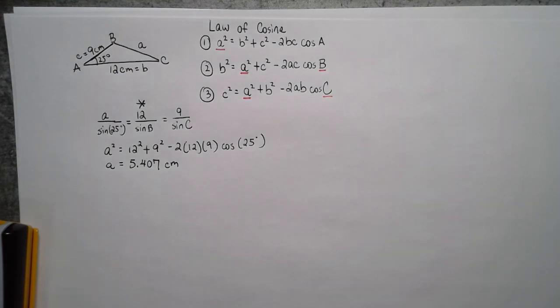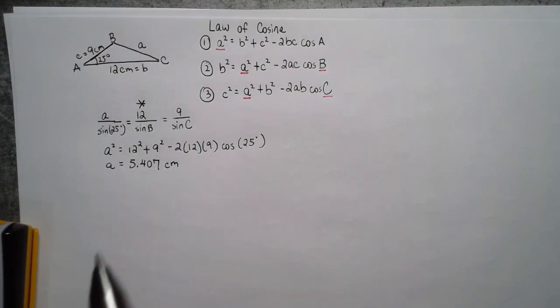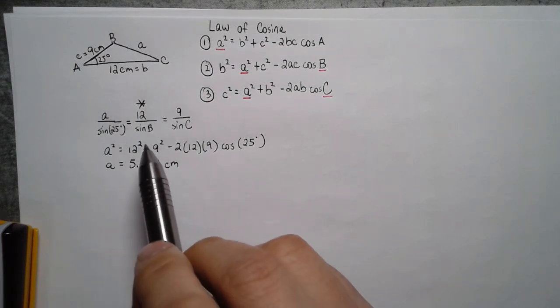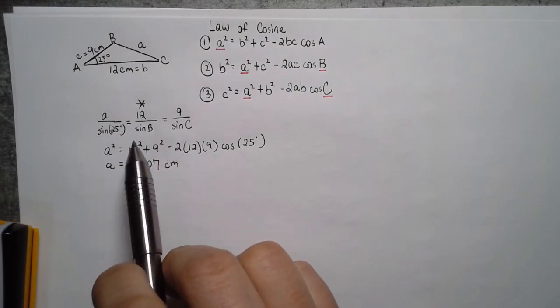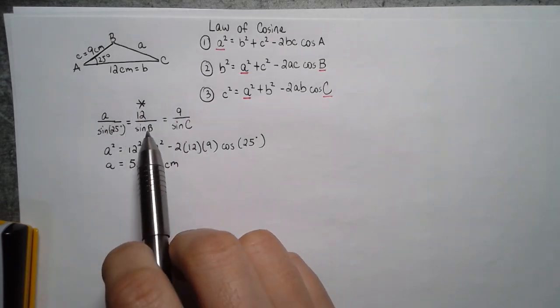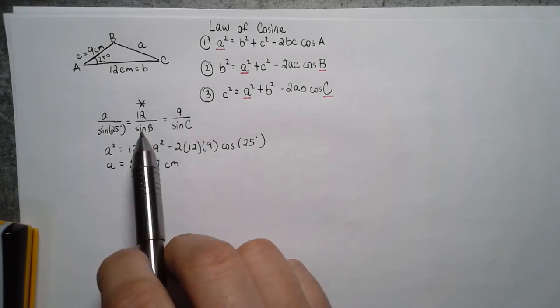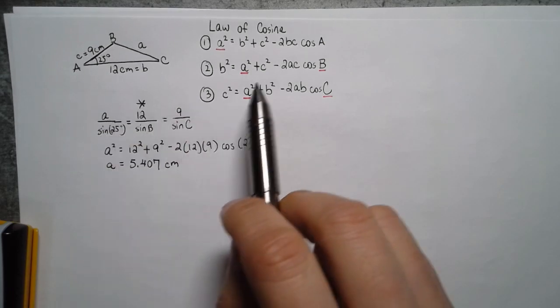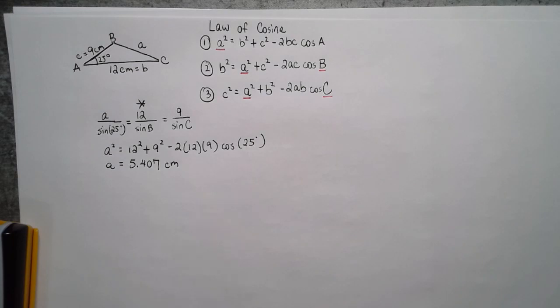If that angle is more than 90 degrees, I cannot use the law of sines to solve for it, because arc sine can only go up to 90 degrees. So we're going to avoid that, and we can use the law of cosines to find angle B, because the law of cosines always works. We have enough information now because we do have side A, and therefore the only thing missing will be angle B, and we can do it that way.